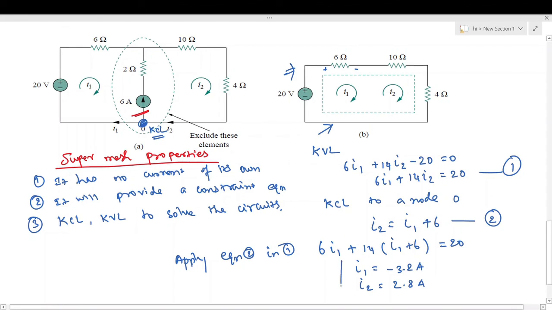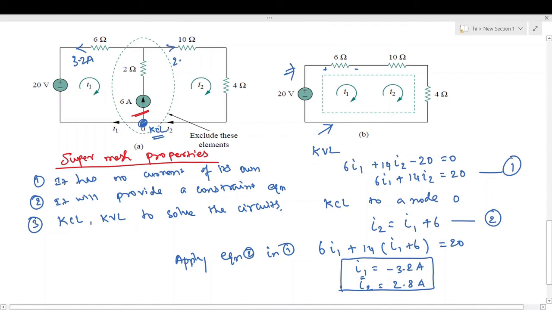Okay, now from these mesh current values, we can say that the current flowing through the 6 ohm resistor will be in this direction, that is, 3.2 amps flowing towards the voltage source. The current flowing through the 10 ohm and 4 ohm resistors will be the mesh current I2, which is 2.8 amps in the same direction.